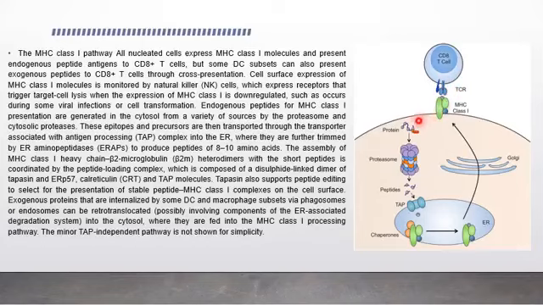So we want to understand how the peptide fragments are displayed on the MSC class 1 and how they interact with the T cells and lead to activation of the T cell through the T cell receptor.